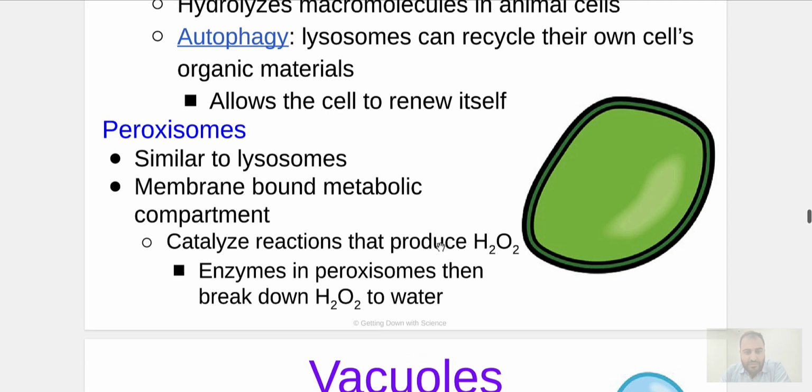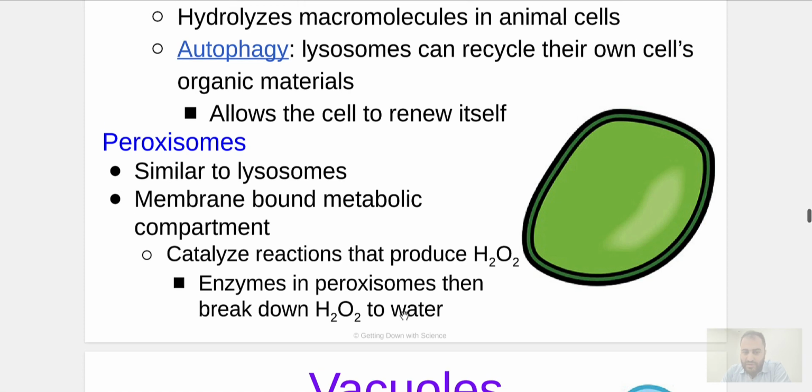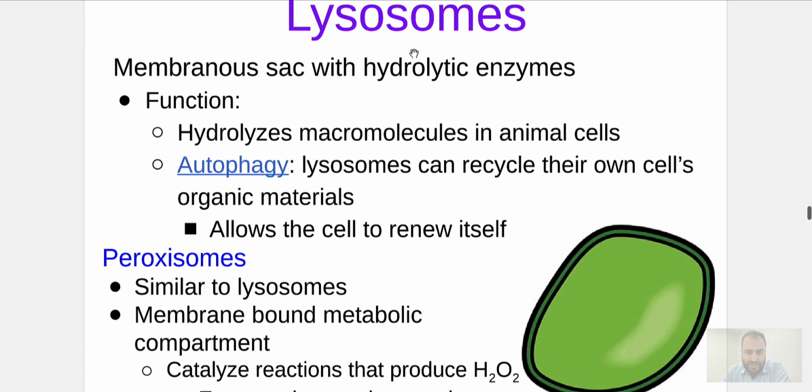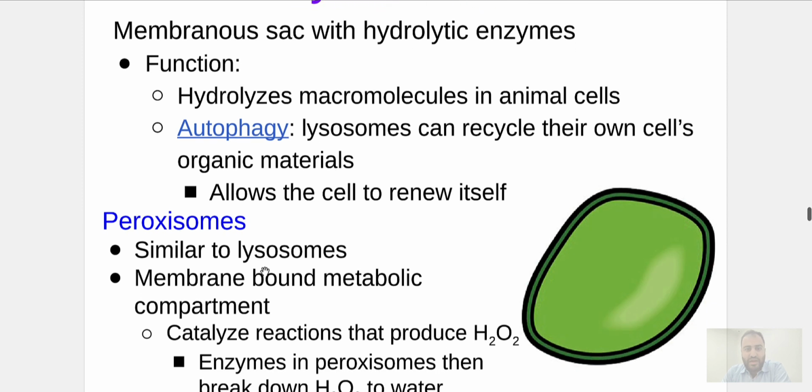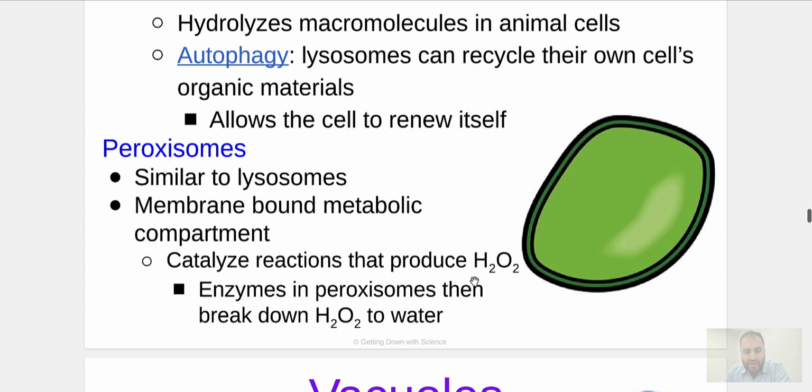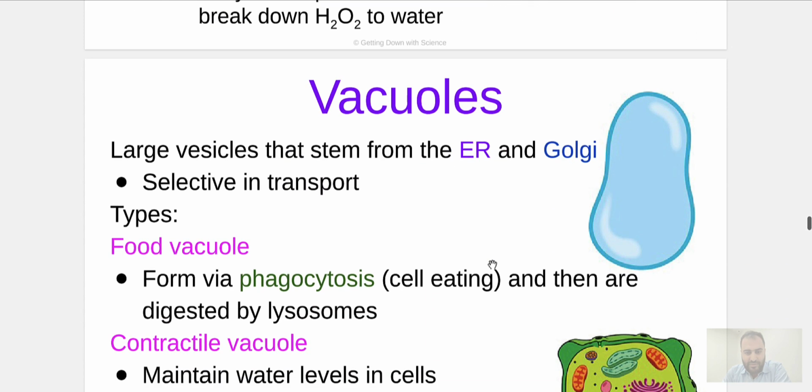So peroxisomes break down H2O2, hydrogen peroxide, into water. That's all you have to know. So it's a specialized lysosome, but it doesn't produce enzymes to break down macromolecules. No, it produces enzymes that break down H2O2, which is a toxic substance.